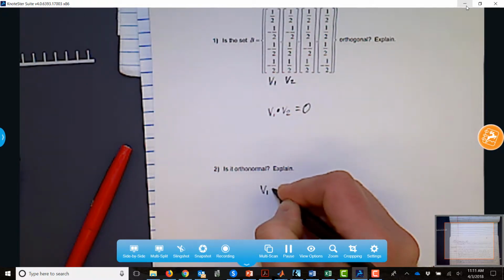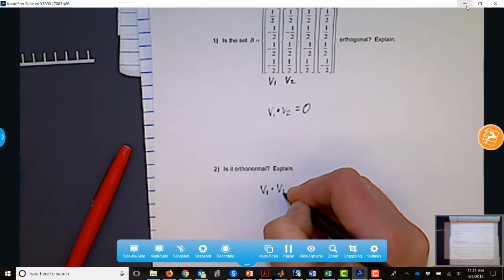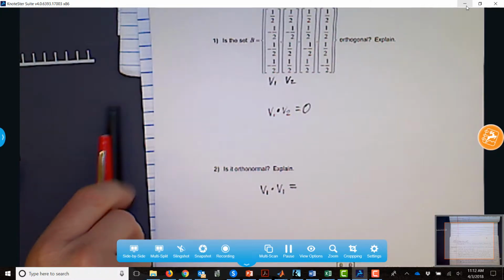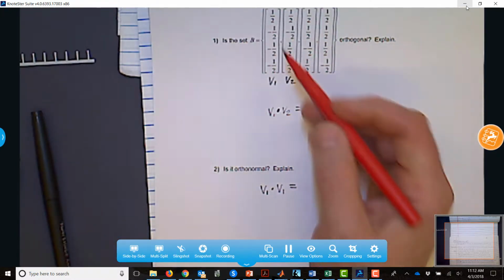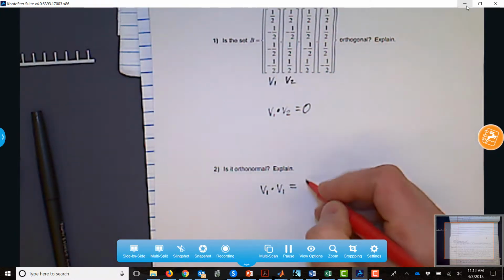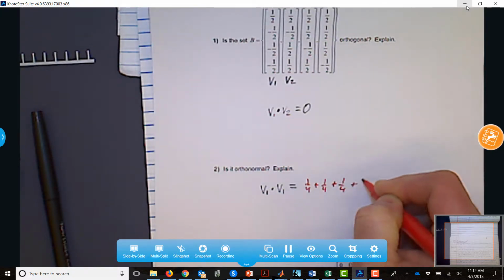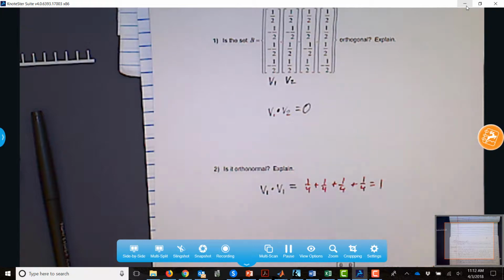We need V1 dot V1 to equal 1, right? And does it? Well, if you dot it, you get a fourth plus a fourth plus a fourth plus a fourth, so you get 1. So this will work, okay?